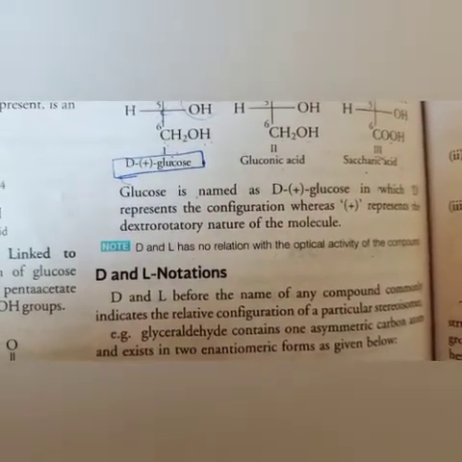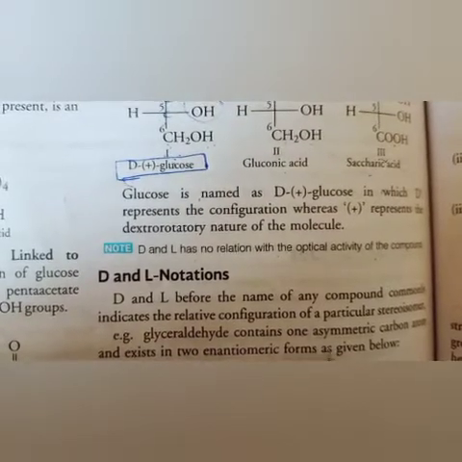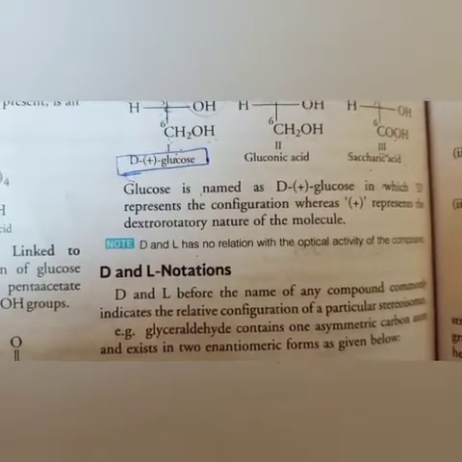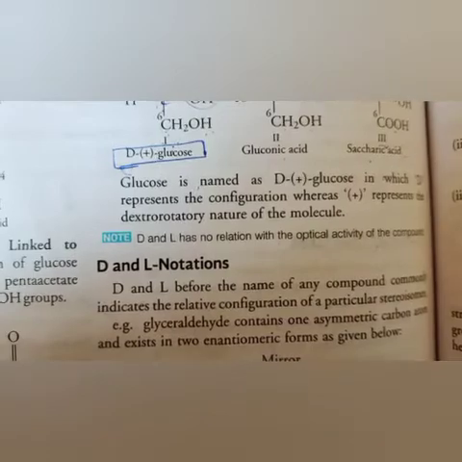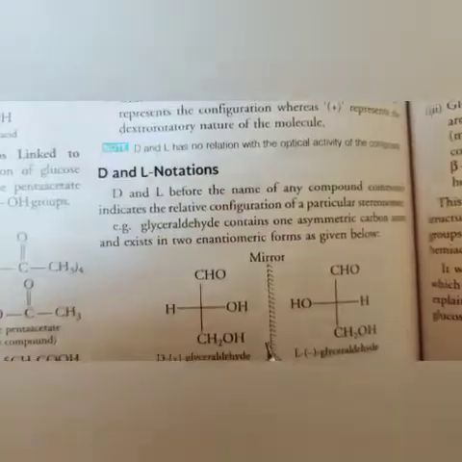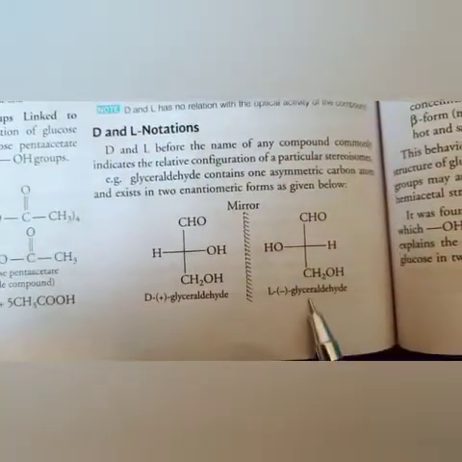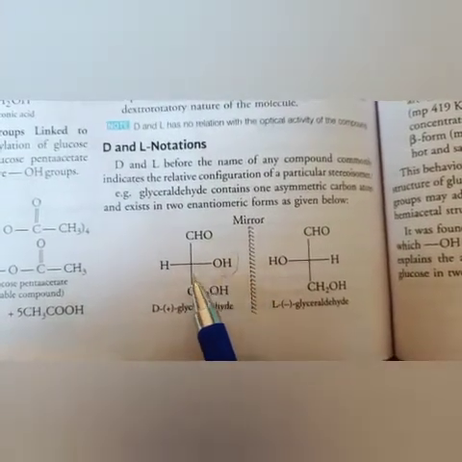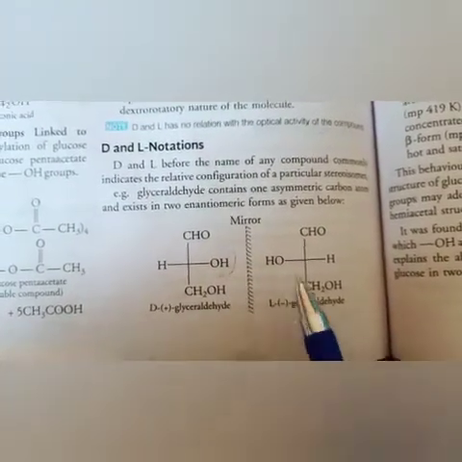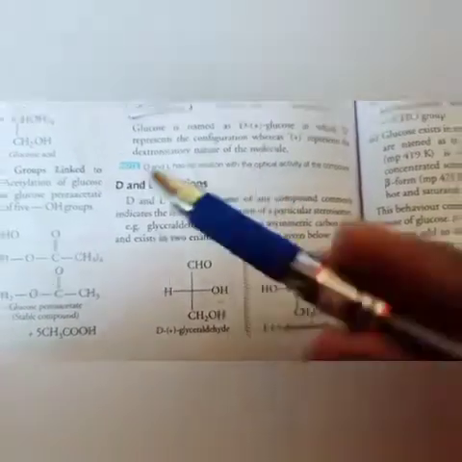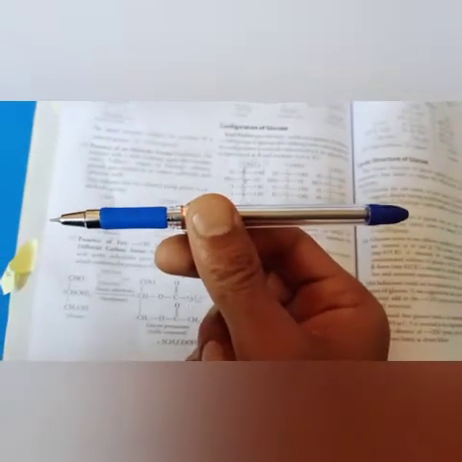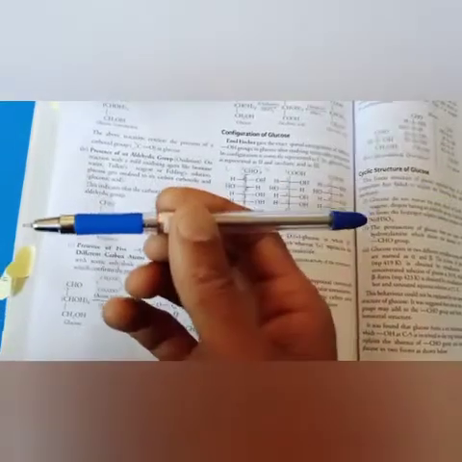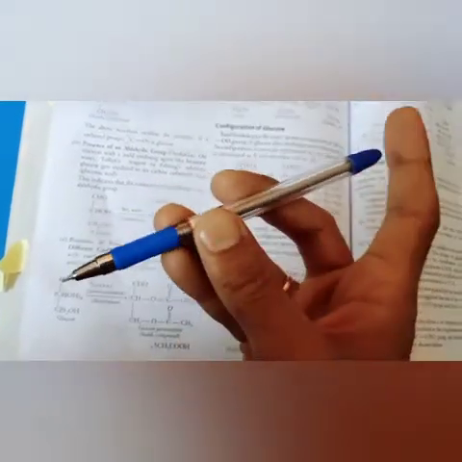For example, glyceraldehyde contains one asymmetrical carbon atom and exists in 2 enantiomeric forms, dextro and levo. In the case of dextro, the OH will be on the right hand side, whereas in levo it will be on the left hand side. It is like if I use this pen: the tip is on the left hand side and the tail is on the right hand side.